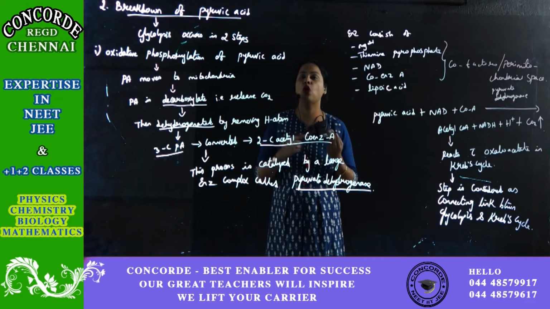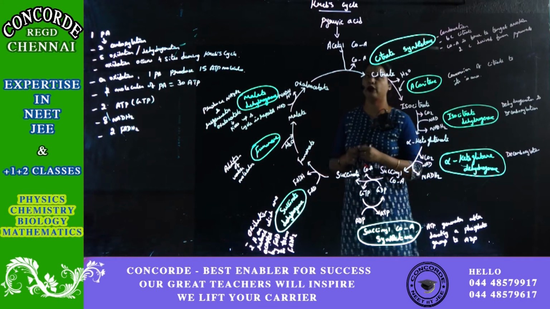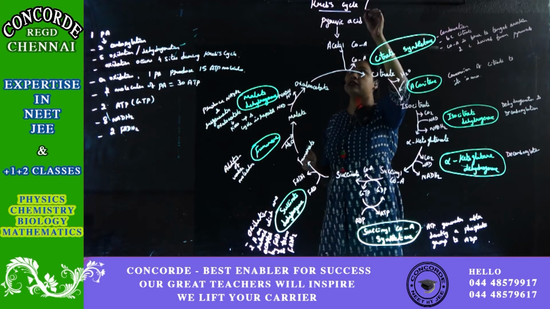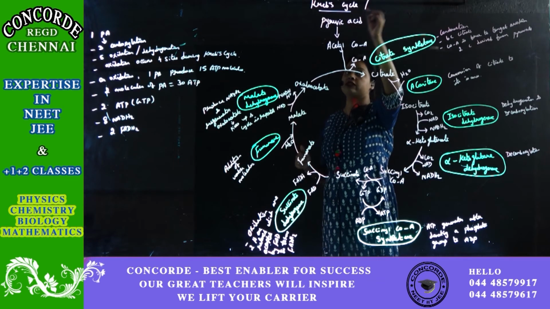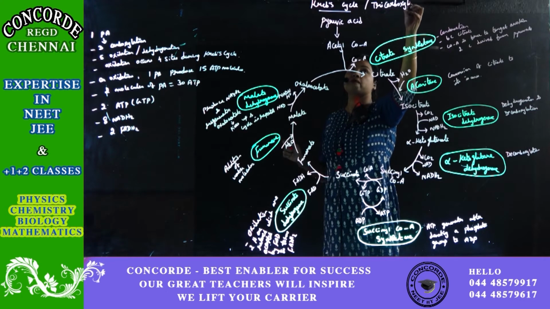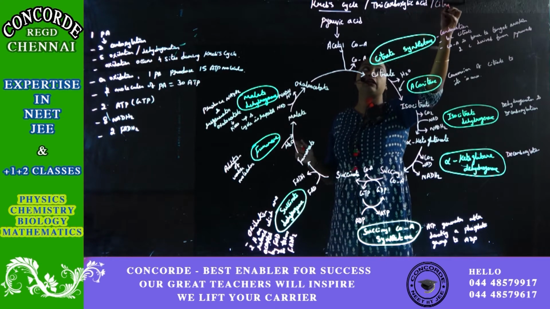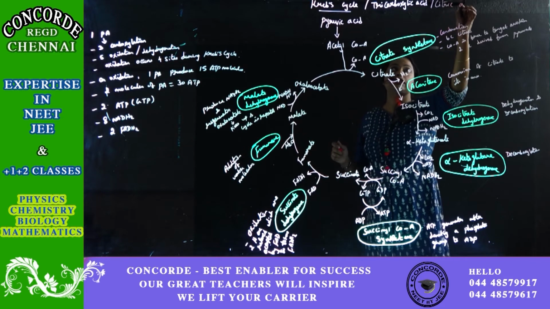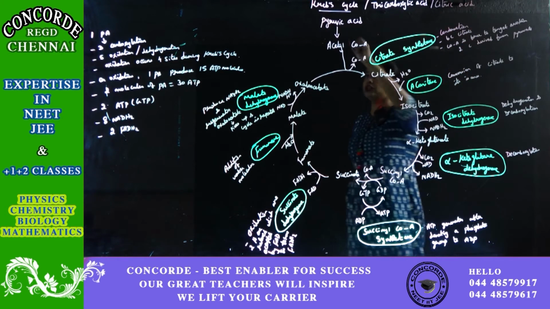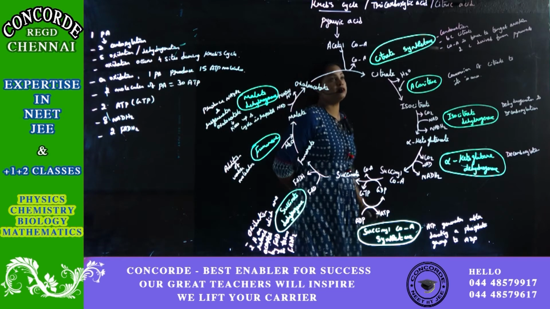Next, we move on to the Krebs cycle. Krebs cycle has a lot of names. First one is Krebs cycle, or you can say tricarboxylic acid cycle, or another name is citric acid cycle, because the first component in the Krebs cycle is citric acid.